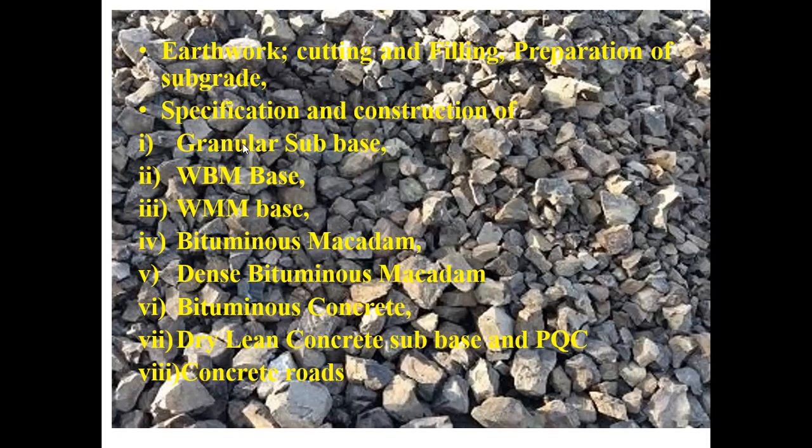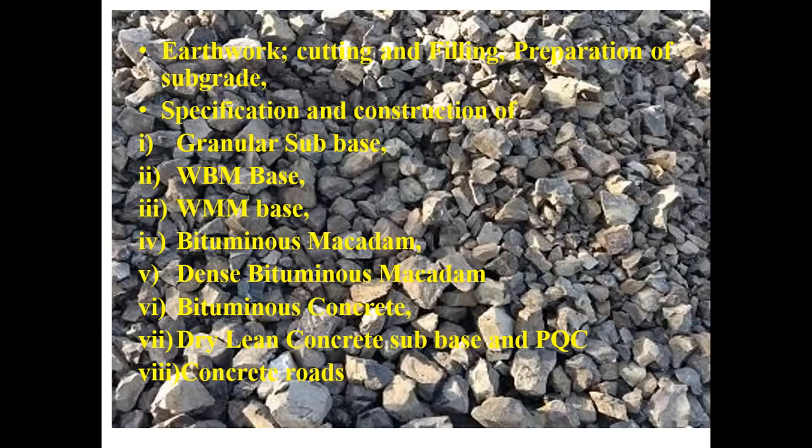If you understand any one procedure, all the remaining construction procedures will be similar, but different types of equipment will be used, and different limiting ranges will be there. Like aggregate impact value will be less than 30% for your topmost layer, that is the surface course, isn't it?